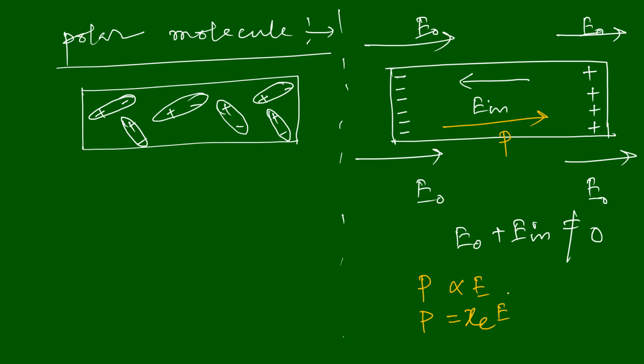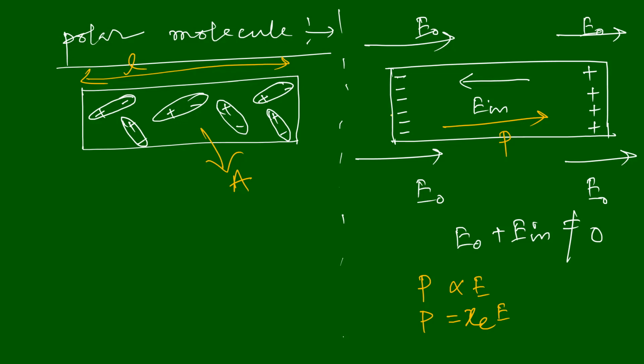Now the polarization P also has a formula. Assume the area of this dielectric slab is A and the length of the dielectric slab is L, and it has a surface charge density.